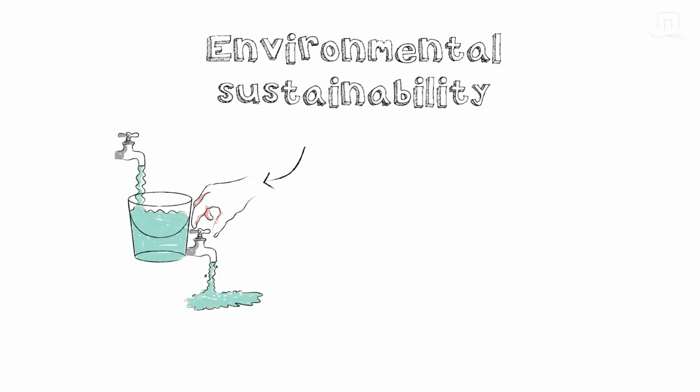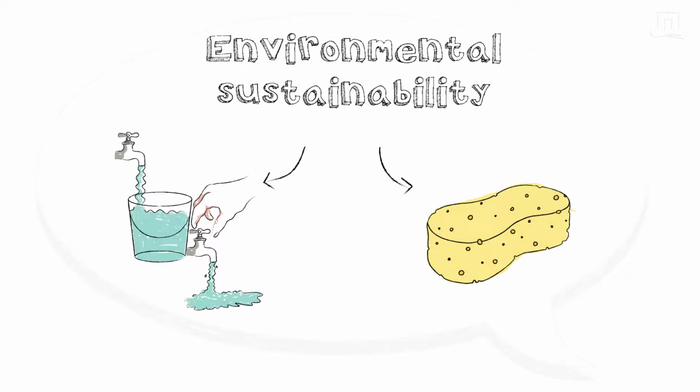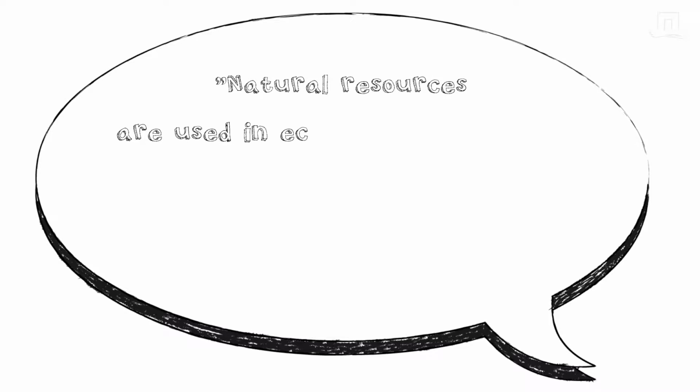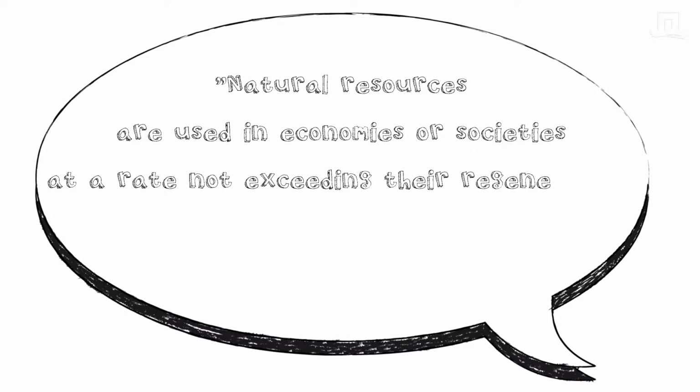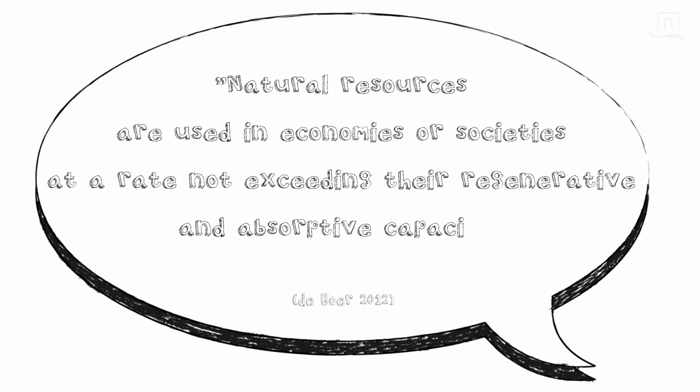You've now learned that environmental sustainability consists of two components, regenerative capacity and absorptive capacity. So, environmental sustainability implies that natural resources are used in economies or societies at a rate not exceeding their regenerative and absorptive capacity.